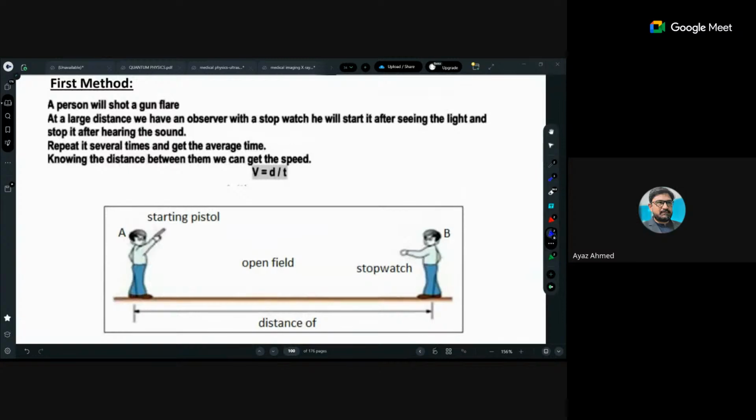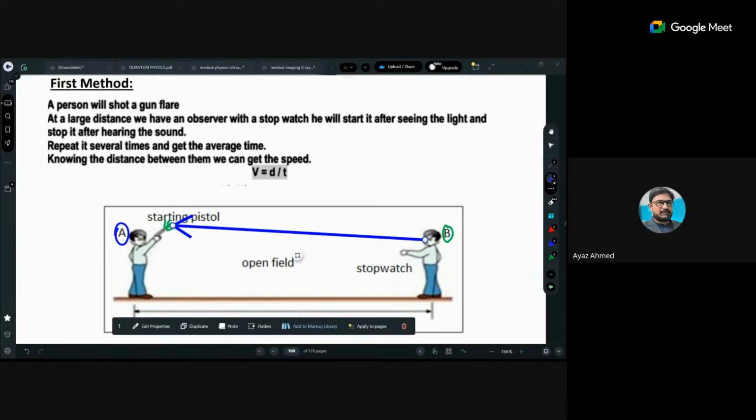There must be two persons. One person should have a pistol, but there should not be bullets. There should be a cartridge in it, a starting pistol, which we call a puff pistol. When student A fires the cartridge and it generates the puff, student B has eye contact and sees this.